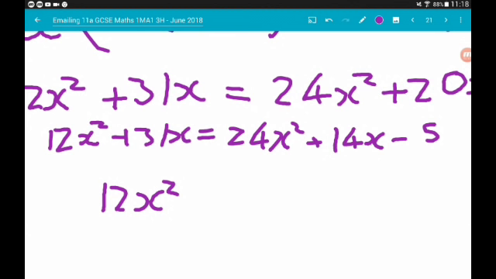And then we're also going to subtract 31x. So 14 minus 31 is 17. Sorry, minus 17. So we get minus 17x minus 5, and that is all equal to 0.